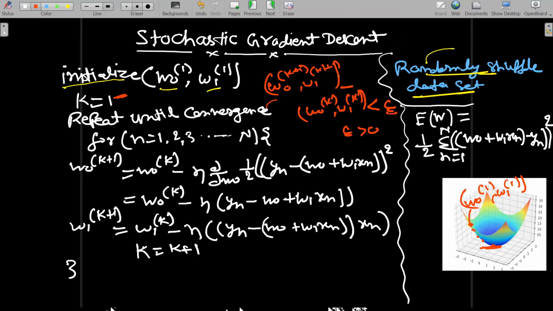So when the difference between the next step, the k plus 1th point, and the kth point is sufficiently small, then we can say that the stochastic gradient descent has converged, and let's stop it.